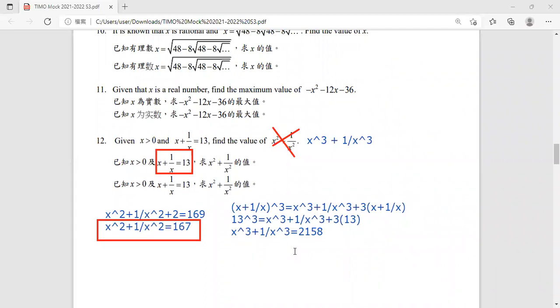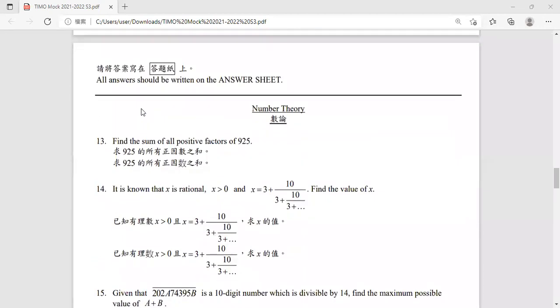It's 166, not 266. Oh, yeah. Okay, good.